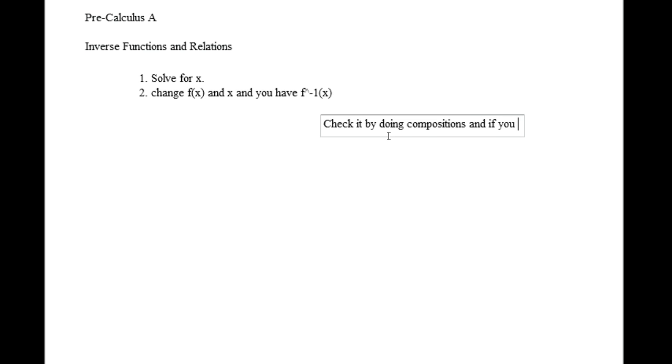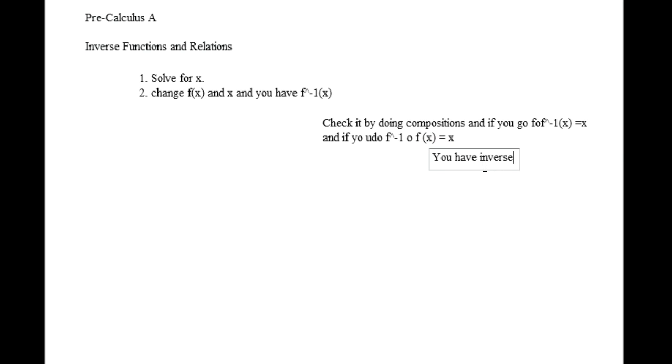If you go f of f inverse of x, and you get x as your answer, and if you do f inverse of f of x, in other words, if you take the function and plug it into the inverse, and then you take the inverse and plug it into the function, you get x each time, you have inverses.